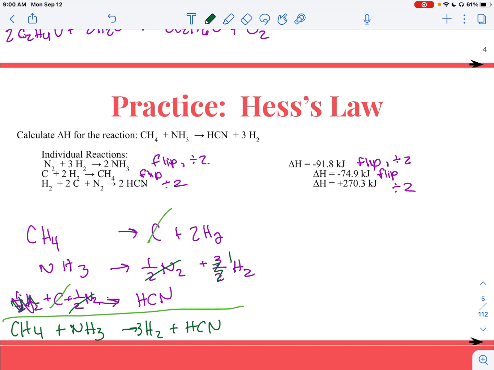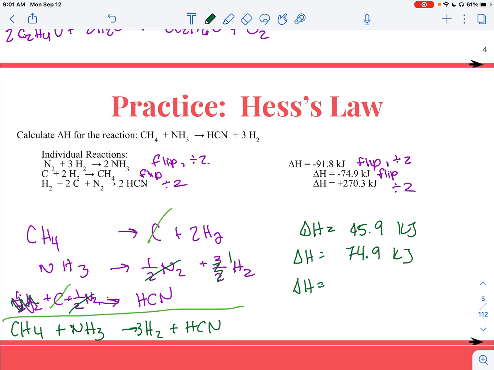So now let's go ahead and do what we need to do to these delta H's. The first one, we're going to flip 91.8 and then divide it by 2. So 45.9. And then the next one we just flip, so it becomes positive 74.9.